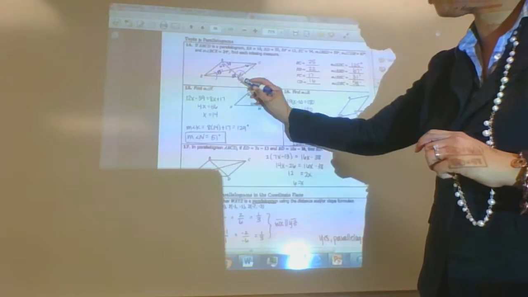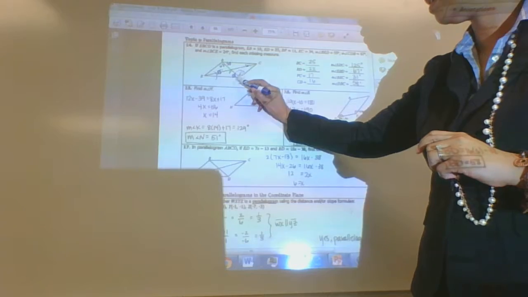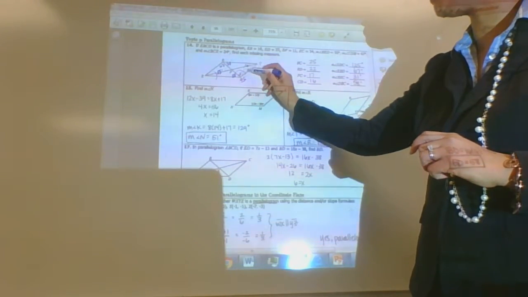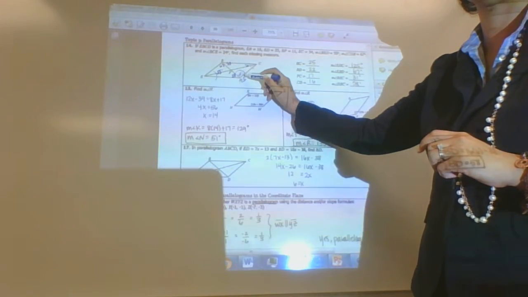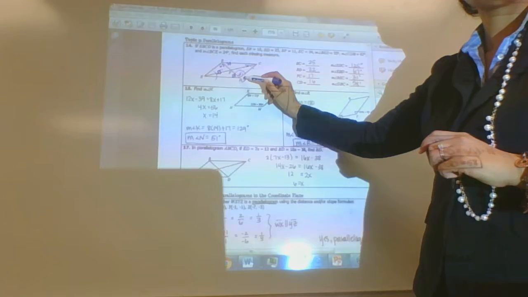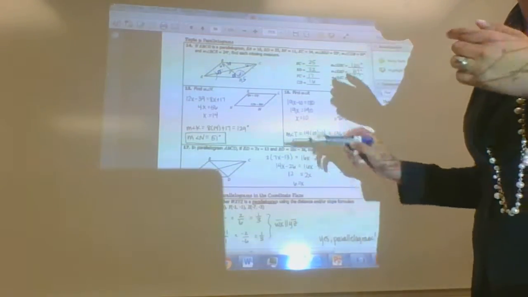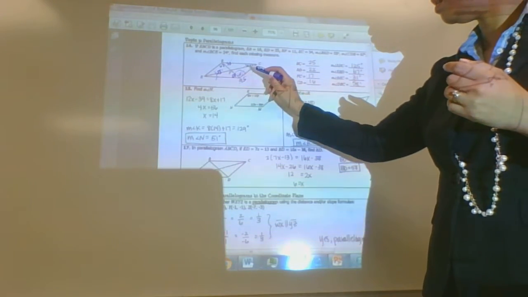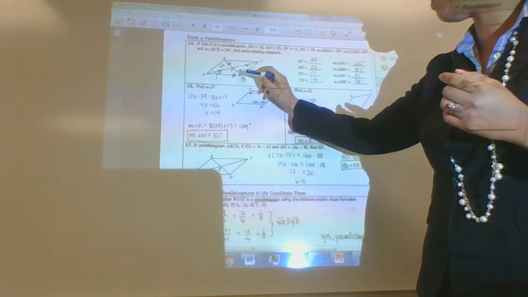This should equal 125, right? Does it equal 125? Yes. So what's wrong? This is 55, and this whole angle has to be 125 because they have to add up to 180 degrees. CDF, okay.